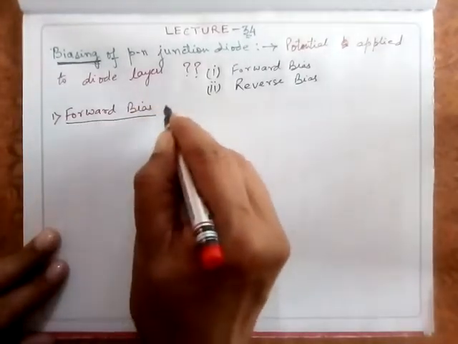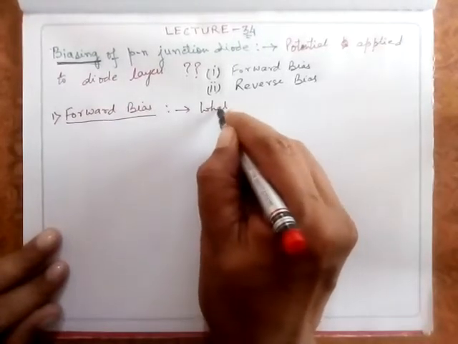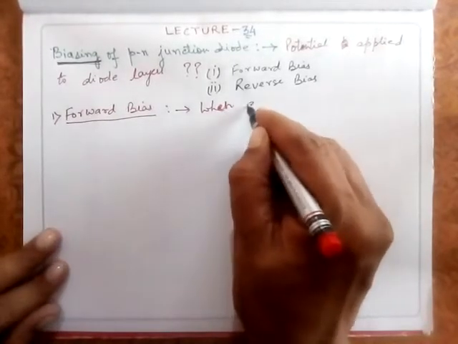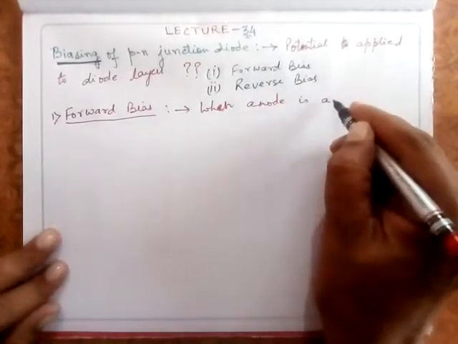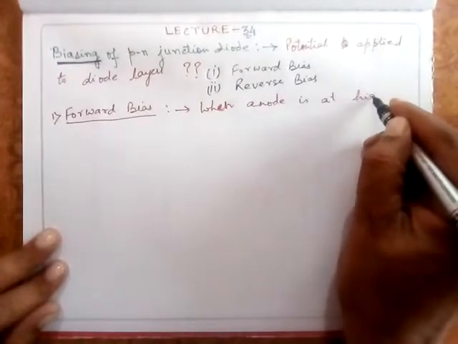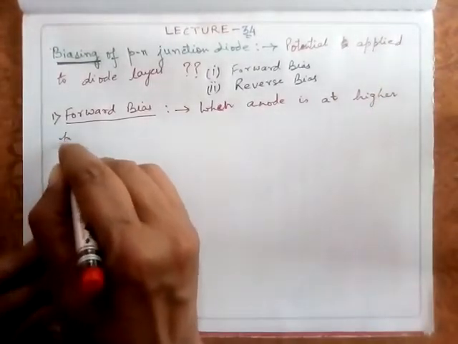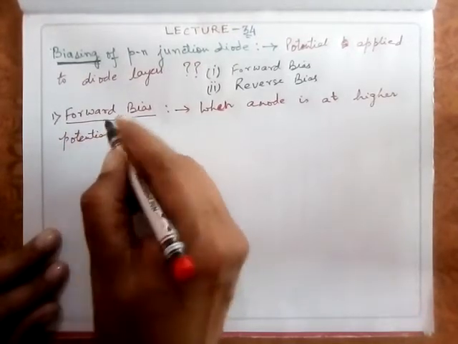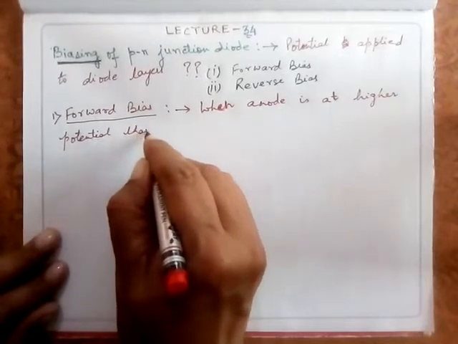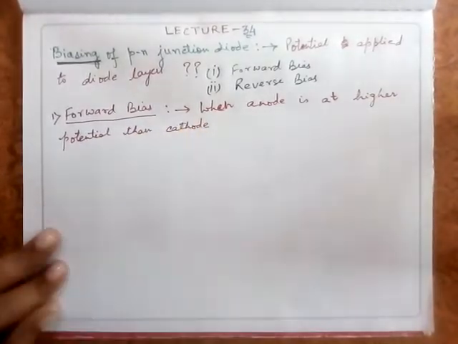Forward bias is when the anode is at higher potential than the cathode. When the anode is at higher potential than the cathode, then the diode is said to be forward biased.